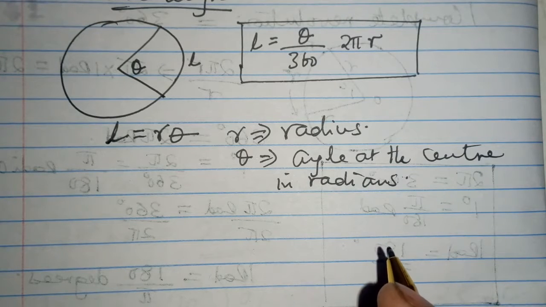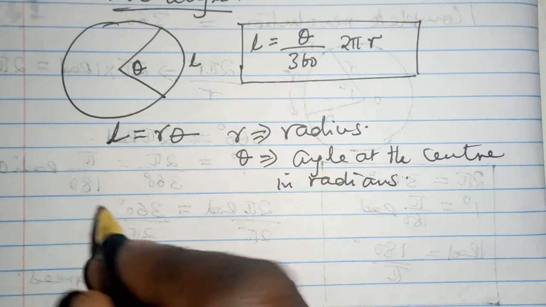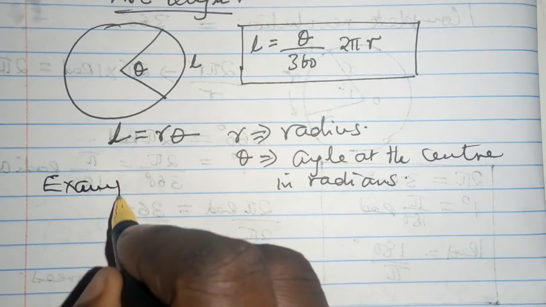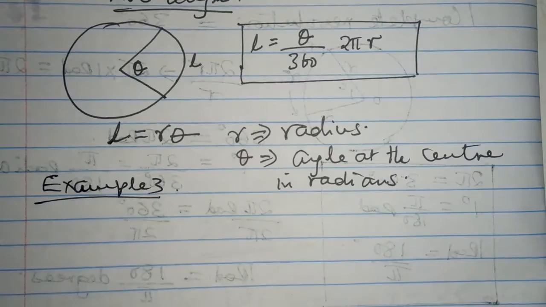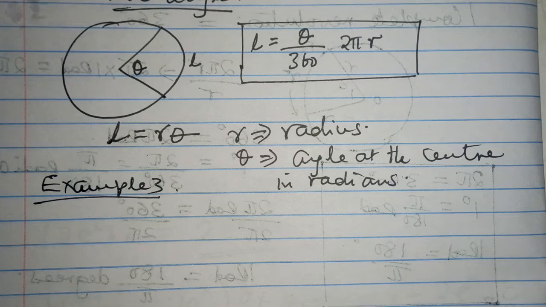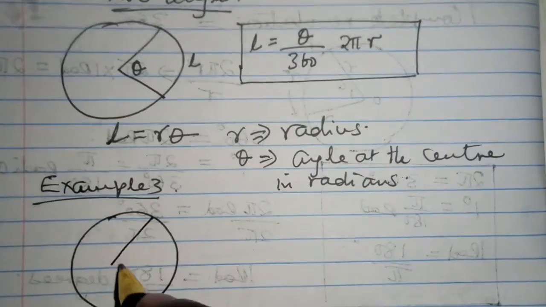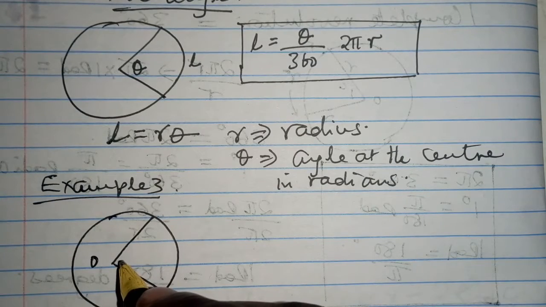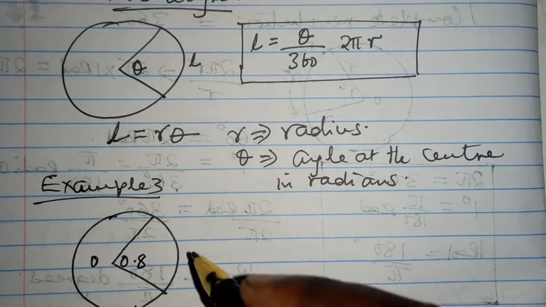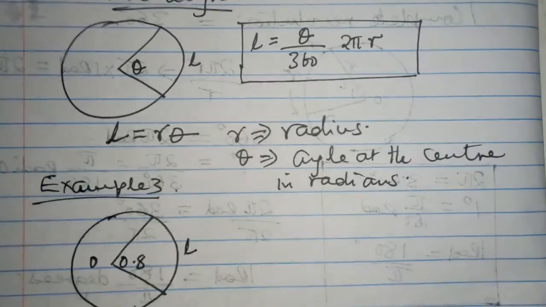Then let's see what is given in example 3. We are told to find the length of an arc of a circle of radius 5.2 centimeters, given that the arc subtends an angle of 0.8 radians at the center O of the circle. Then what is L?